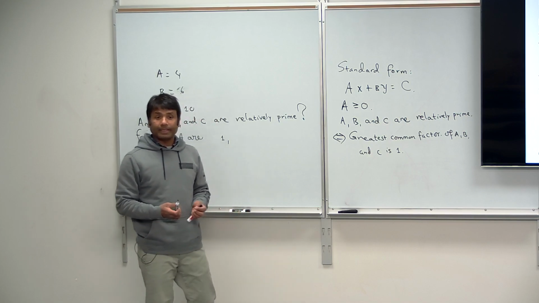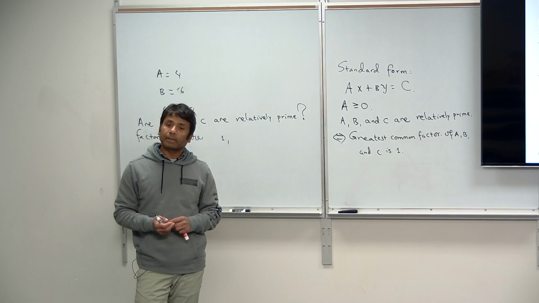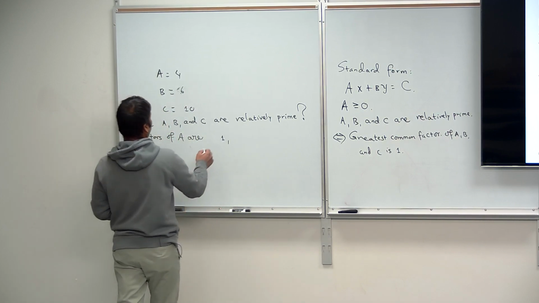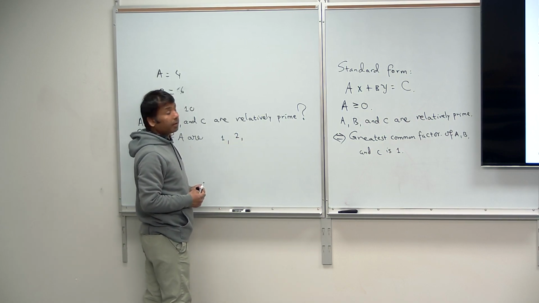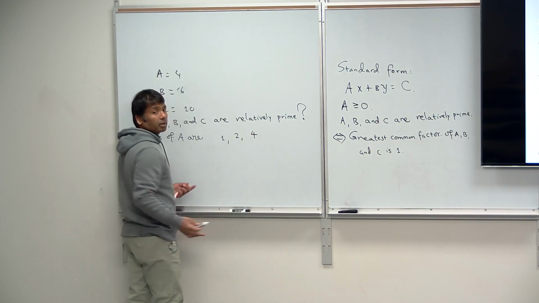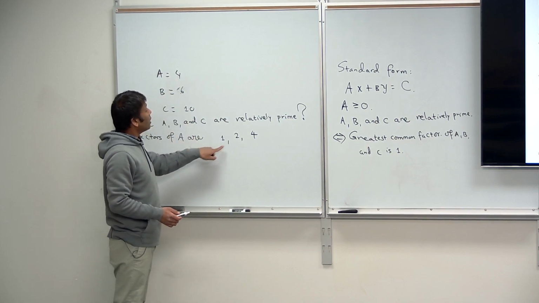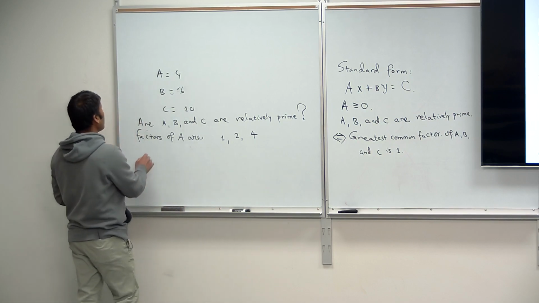What about 2? Is 2 a factor of 4? Yes, because 2 times 2 is 4, right? What about 3? No. What about 4? Yes, right? You stop here because this is the number 4. So 1, 2, and 4, right?